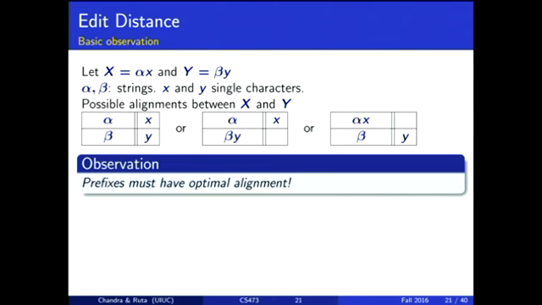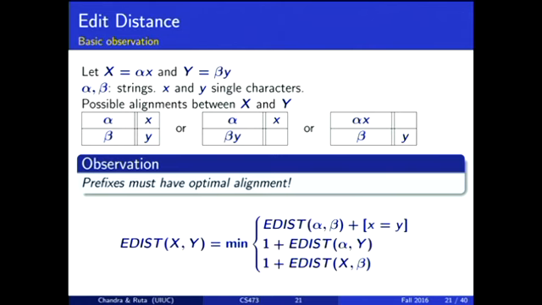Okay? Now, if I decide to do this, then under the assumption that I align x to y, I should obviously optimize the best way to align alpha with beta. I can't do something suboptimal with alpha and beta, right? So I want to claim that the best edit distance between x and y is, well, you decide which of these cases you want to go through, and then recursively find the best way to align these smaller problems.